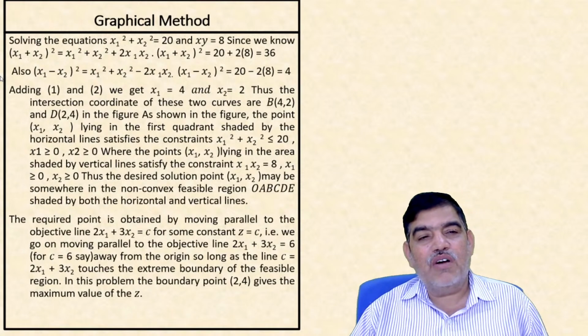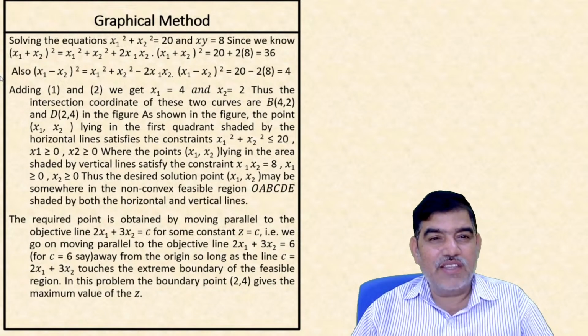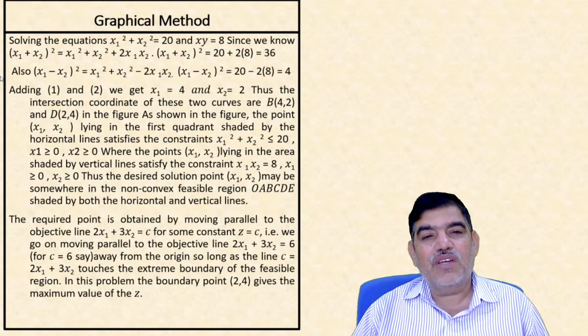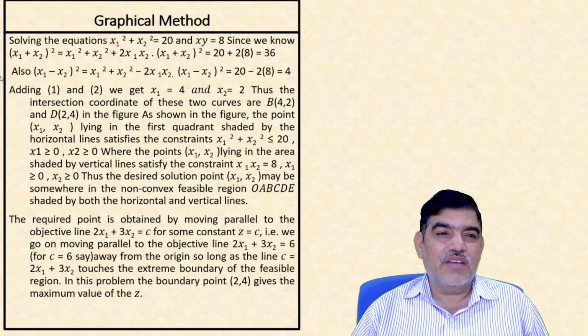Putting the values of x1² + x2² as 20 and x1x2 as 8, we get 20 + 2 × 8, that is 8 × 2 = 16, plus 20, that is 36.